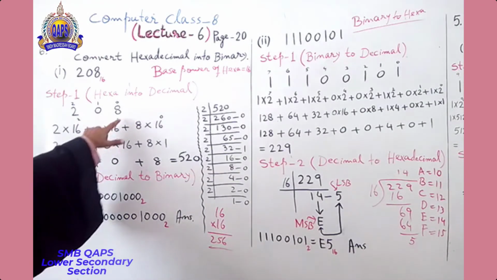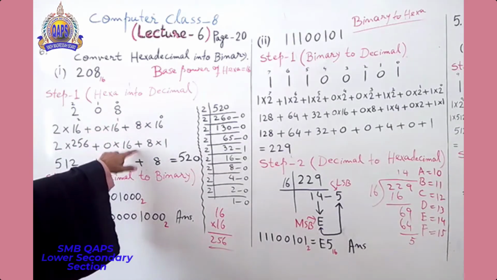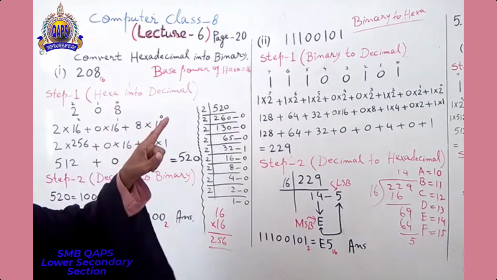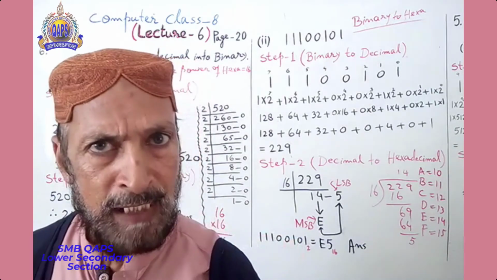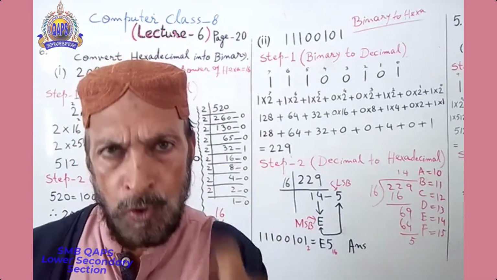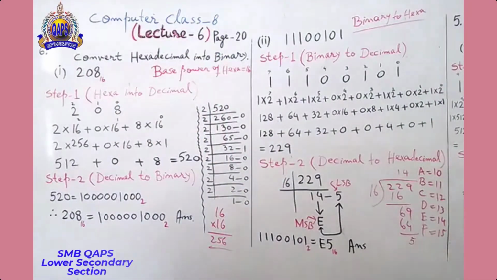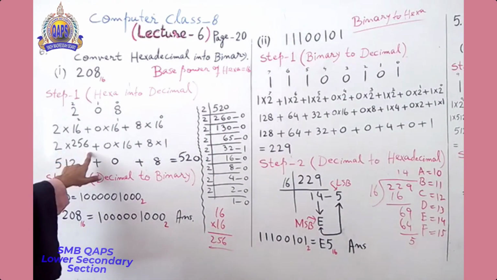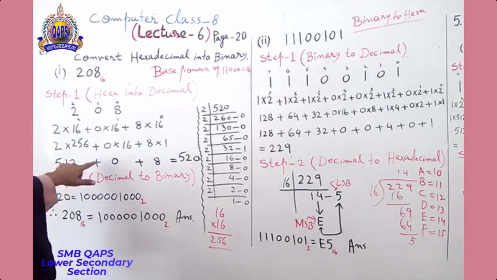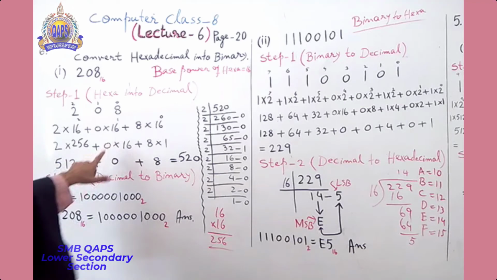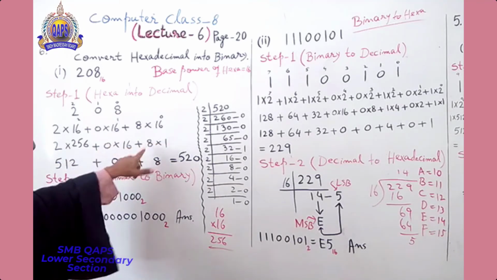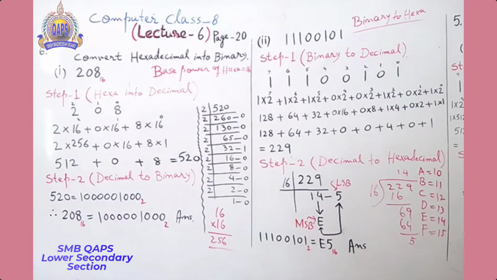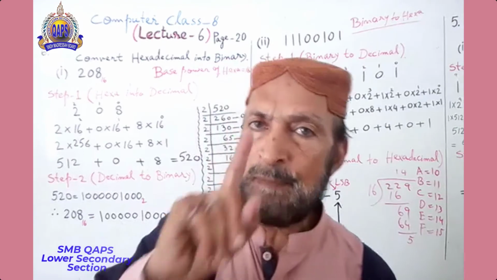Plus 0 into 16 power 1, which is 16, plus 8 into 16 power 0, which equals 1. Remember, I told you many times, any number to the power 0 equals 1. 2 multiplied by 256 is 512, plus 0 multiplied by 16 is 0, plus 8 multiplied by 1 is 8. Add all of them: 520. You have completed step number 1.